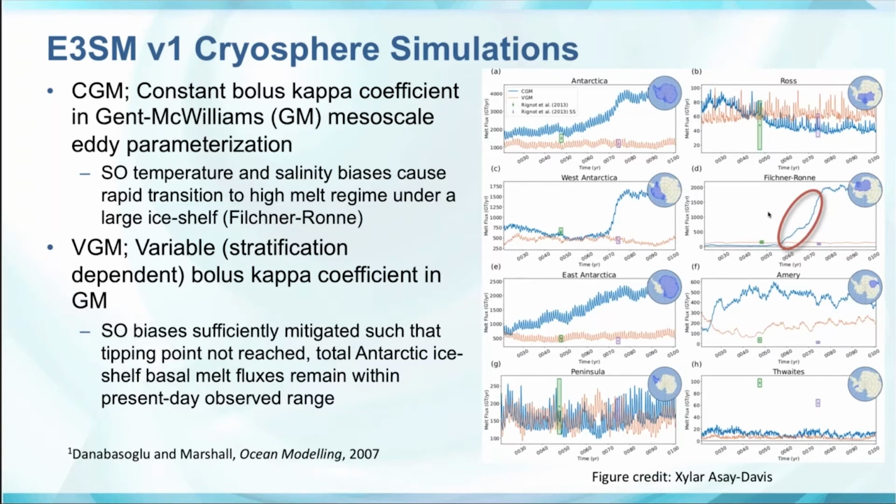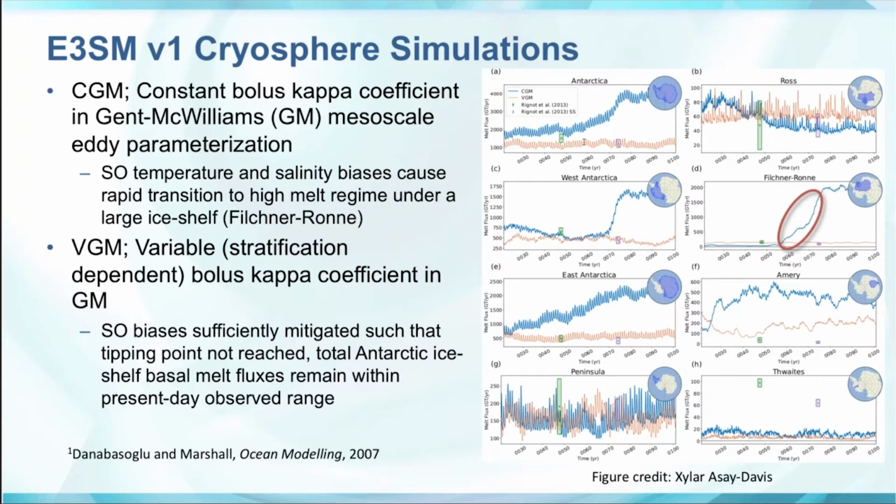And after some exploration, we performed a simulation, which I'm calling VGM, which has a stratification dependent coefficient in GM, and found that it sufficiently mitigated some of the biases that were key to avoiding this tipping point behavior and resulted in a stable configuration. Those are the orange lines on the right here.